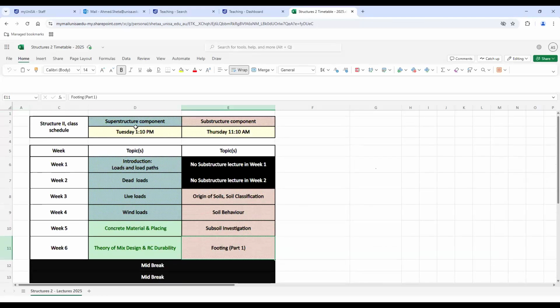For example, today, the superstructure component, first lecture, week 1, we are looking at introduction of loads and load bases and some information about the course and assessment and so on.